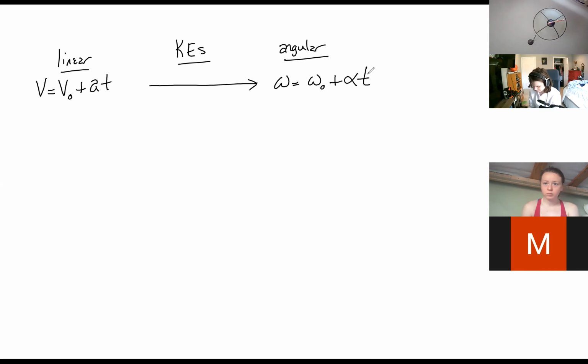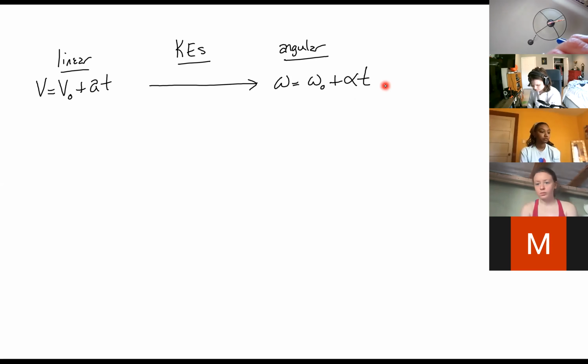What that means is if you have something that's slowing down, for example, and the final speed is 0 and you know its initial speed, if you have an angular acceleration of a certain amount, how many radians per second squared it's slowing, you can figure out how much time it's going to take for that item to come to a halt, which might be useful, okay? So let's move on and think about other equations that we had.